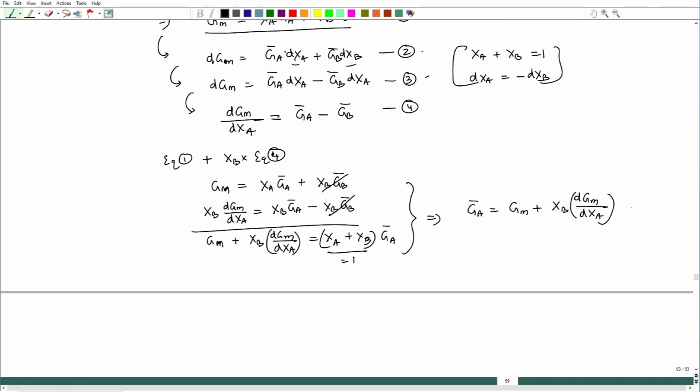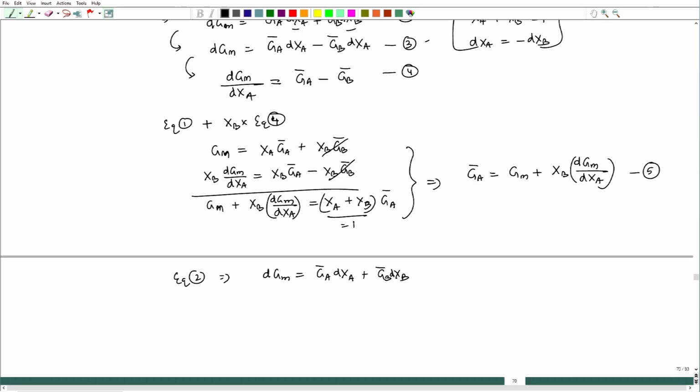Equation 3, this is one equation, let us say equation 5, and let us treat equation 2, which gives me dGm equal to GA bar, okay.